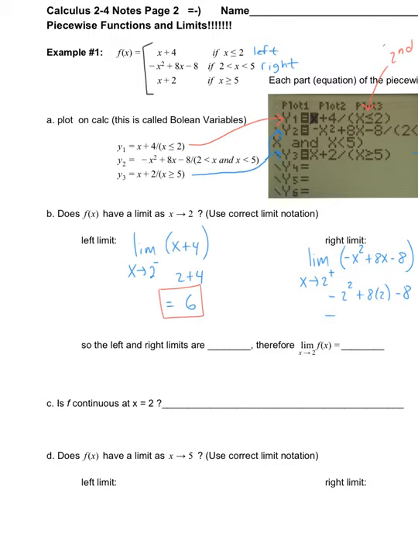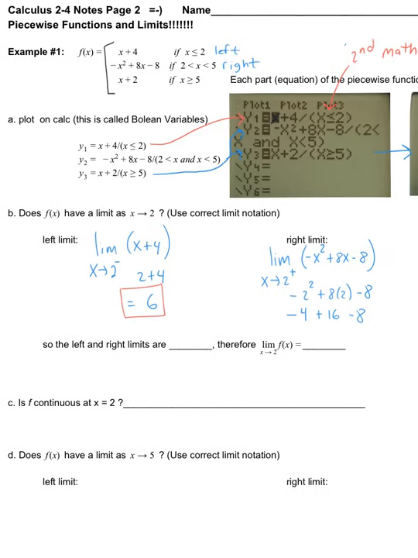That negative comes down. 2 squared is 4. 8 times 2 is 16, and then minus 8. Okay, so that's going to give me negative 4 plus 16 is 12. 12 minus 8, that gives me a 4. So my right limit is 4.